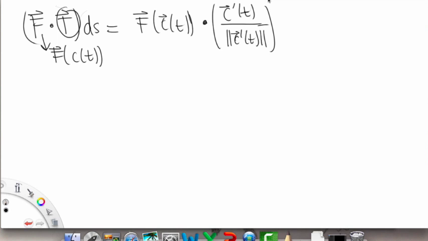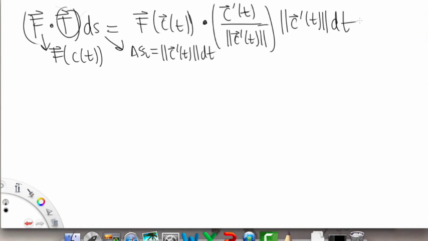And then our ds, remember that was the magnitude of c prime of t times dt. So we're going to plug that in for ds, all right? So we have the magnitude of c prime of t times dt.